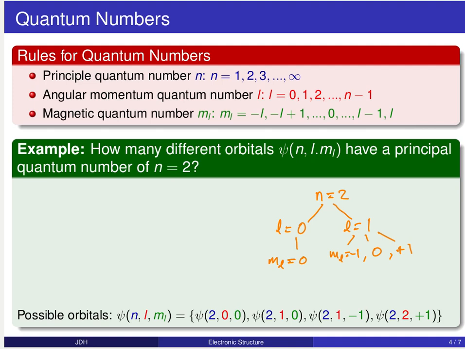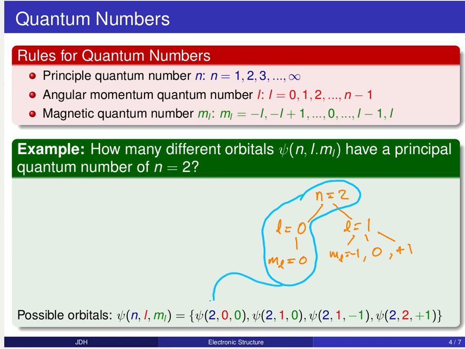Okay, so if we list out the possible orbitals that we've constructed, it amounts to basically following each one of these little branches in the tree. There's going to be one branch where you have n equals 2, L equals 0, and m sub L equals 0.